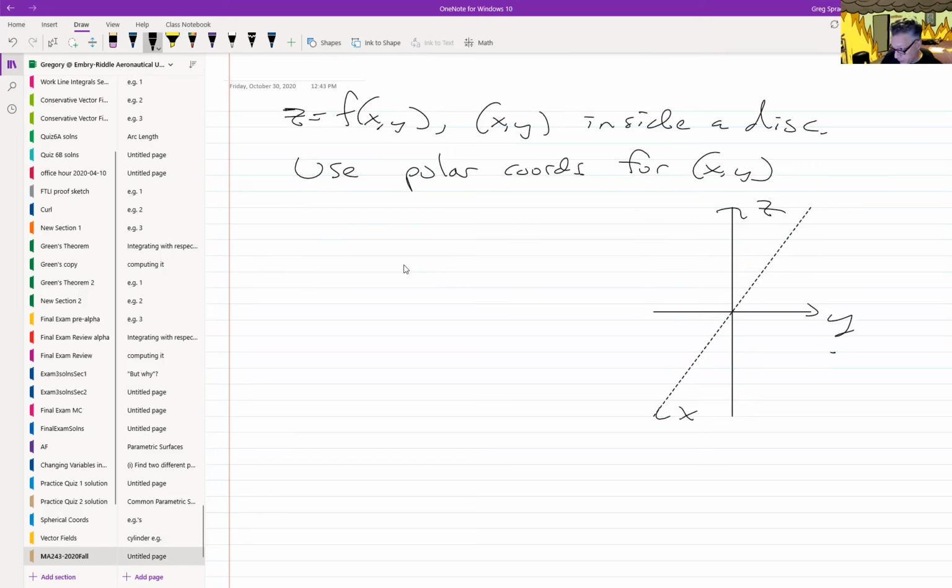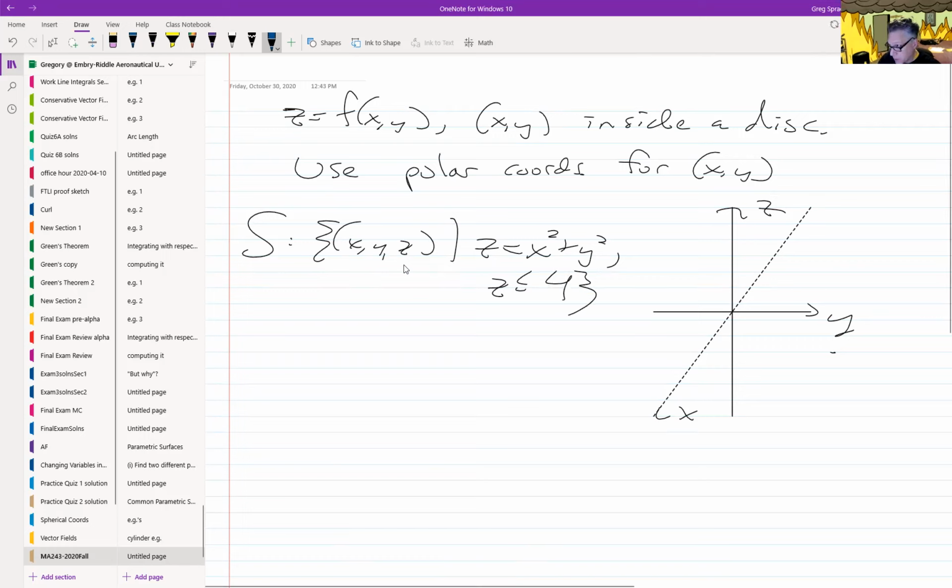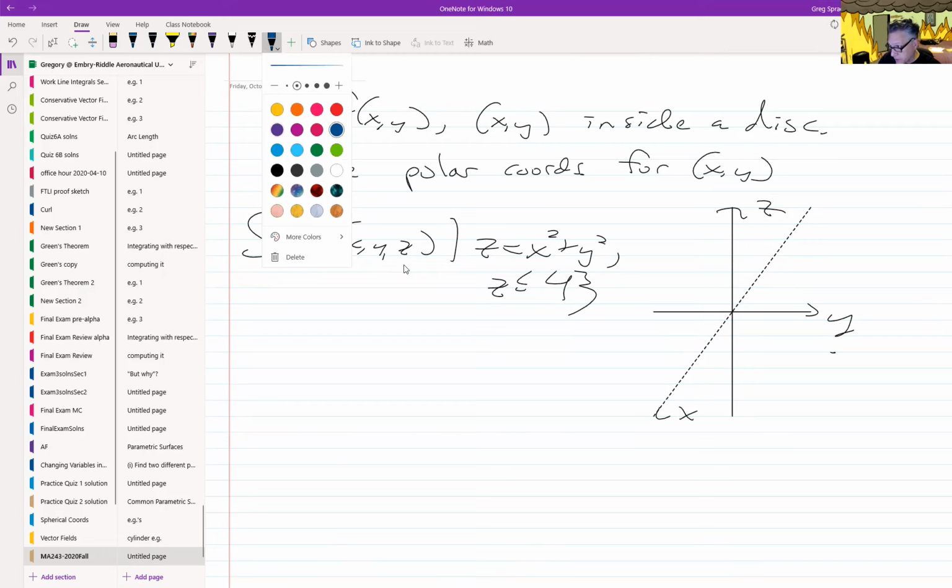So here's an example. The set of points where z equals x squared plus y squared, and z is less than or equal to 4. Well, this is our old friend, the elliptic paraboloid, or bowl.